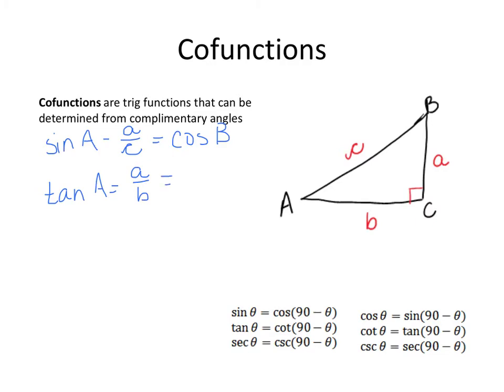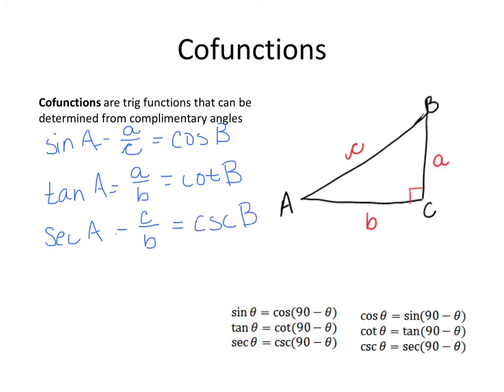Well, that's also equal to the cotangent of B. The secant of A is c over b, and that's also equal to the cosecant of B.